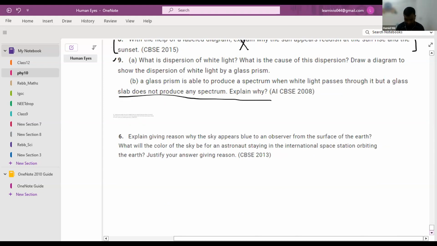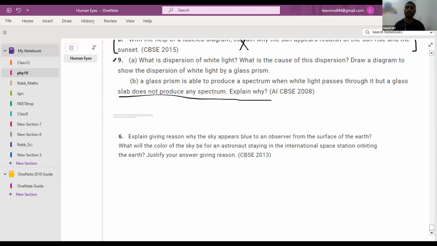Because of the pyramid shape of the glass prism, I think it lets it make a spectrum. But the glass slab can't, because it doesn't make a pyramid shape. So you mean that the prism is able to bend the light, but the glass slab can't, right? Yes.